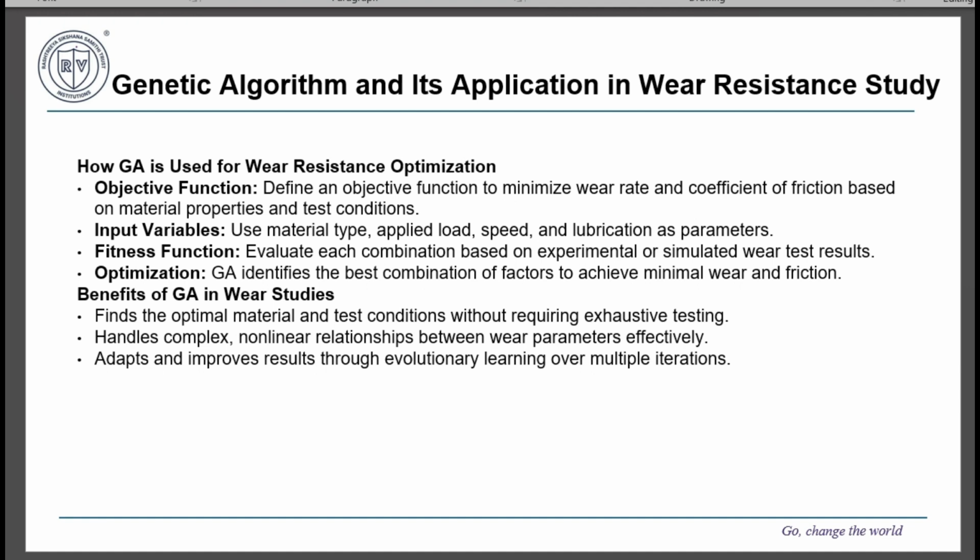How the genetic algorithm can be used for wear resistance optimization. The objective is to minimize wear rate and coefficient of friction based on material properties and test conditions. Here the input variables are material type, applied load, and speed.